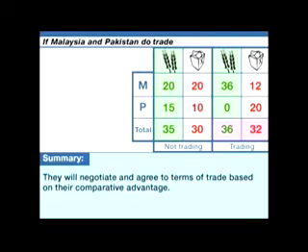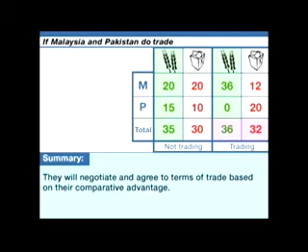Pakistan is quite happy to trade with any terms of trade that give it more than 1.5 bushels of wheat per bushel of rice. Malaysia is happy to trade with any terms of trade that give it less than 2 bushels of wheat per bushel of rice. So the 2 economies can now agree upon a particular price of wheat in terms of rice that will allow them both to be better off.